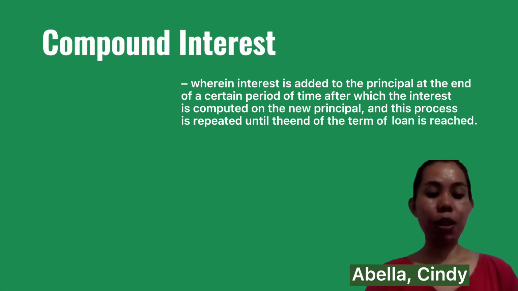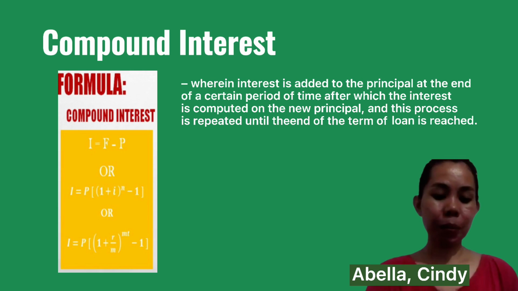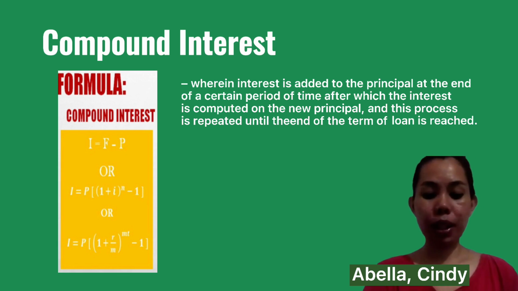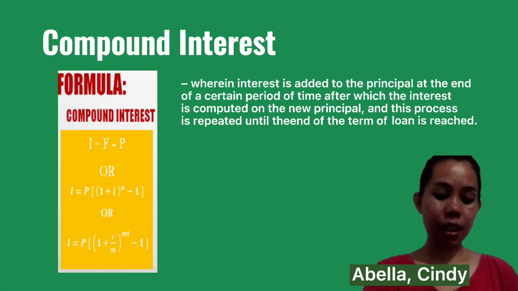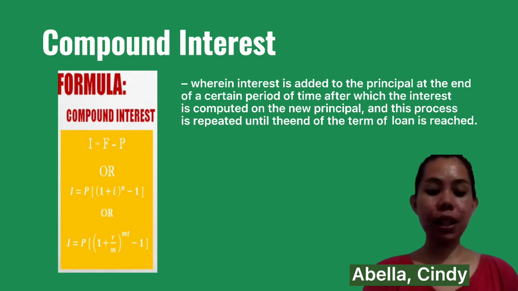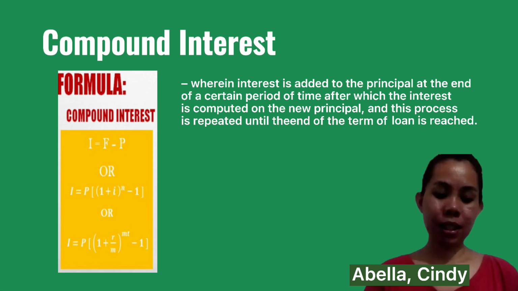So here's the formula for compound interest. I equals F minus P, or I equals P times (1 plus i) to the power n, minus 1. Another is I equals P times (1 plus r divided by m) to the power mt, minus 1.